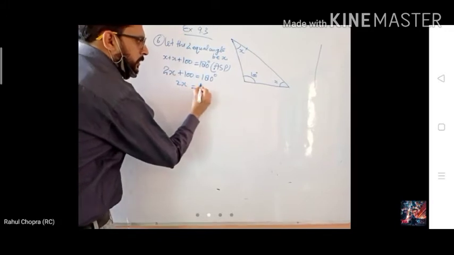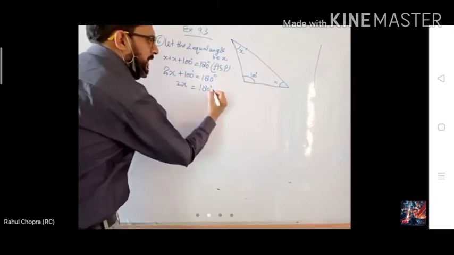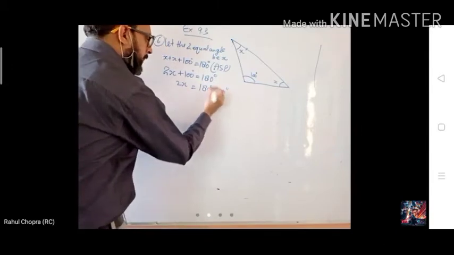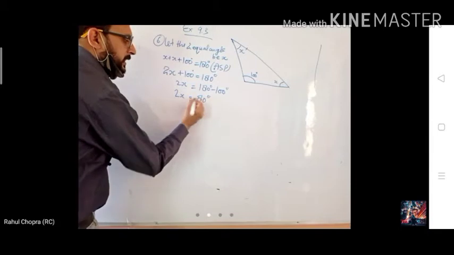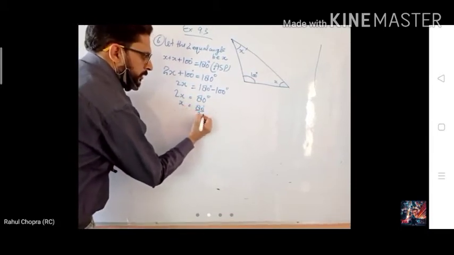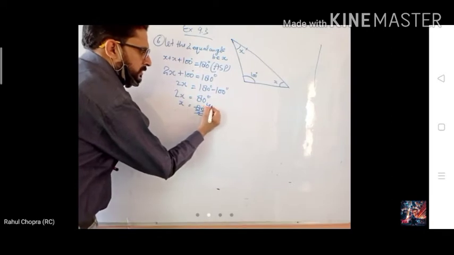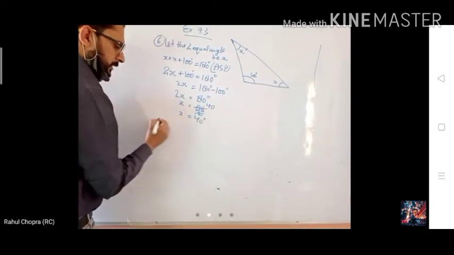2x is equal to 180 degrees minus 100 degrees. 2x is equal to 80 degrees. x is equal to 80 upon 2. 2 fours are 8, 40. x is equal to 40 degrees.